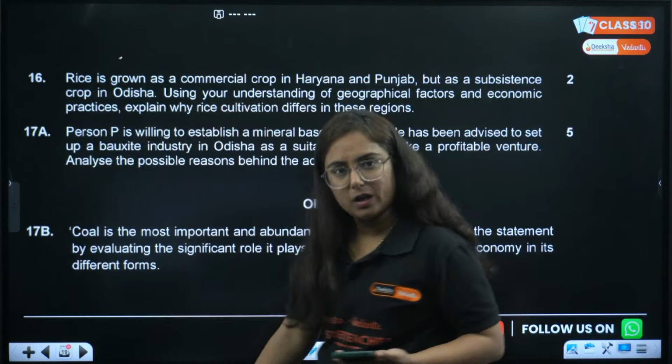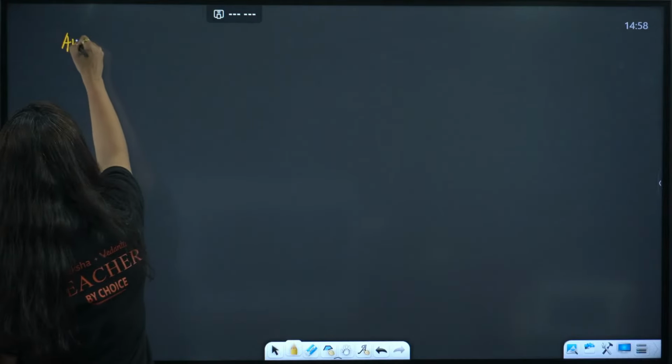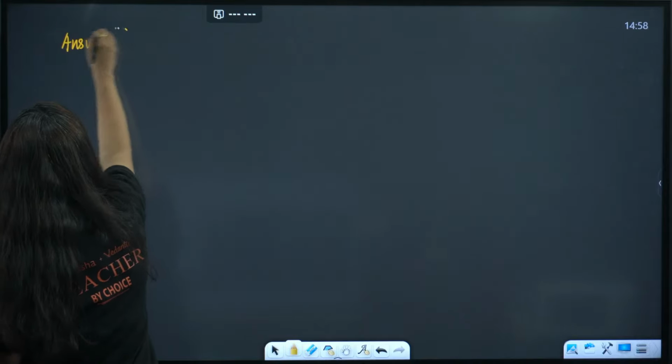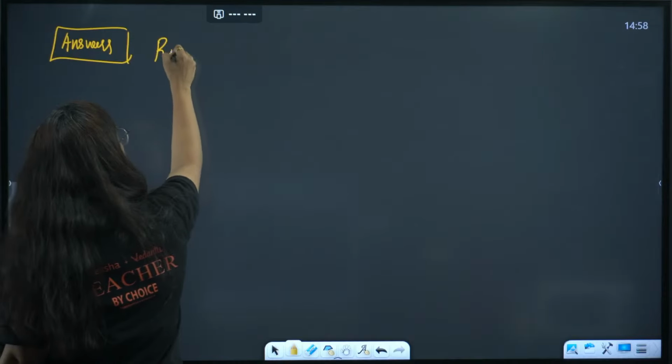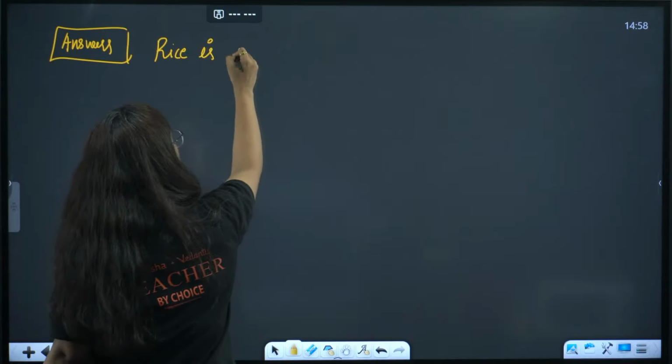So, how are you going to write? A 2-marker question. The answer to this 2-marker question will be written with the intro: yes, rice is a commercial crop in Haryana.